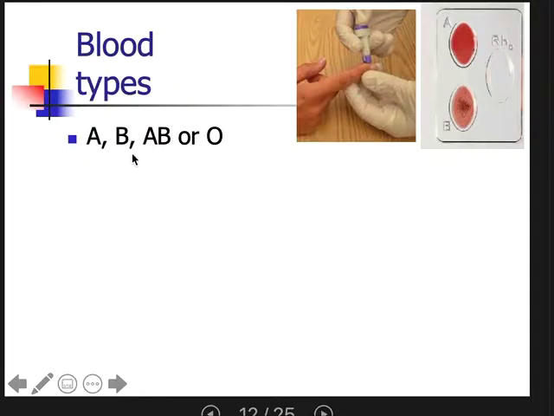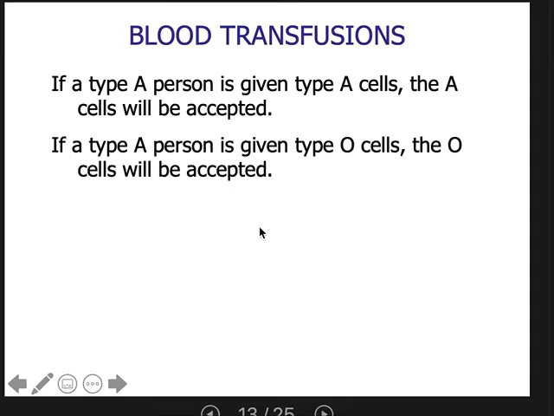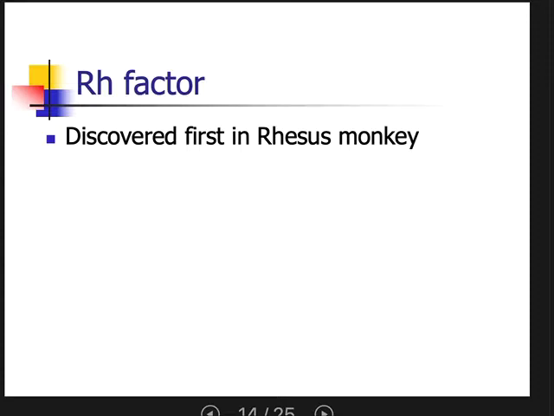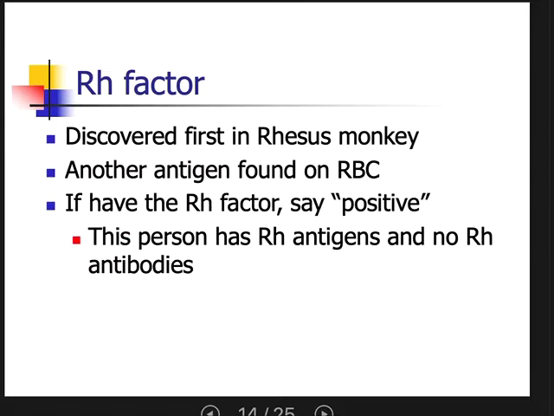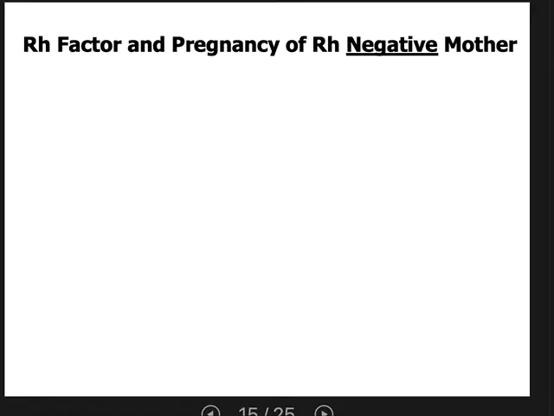If you don't have A or B antigens, then you are called type O. We also looked at the Rh factor, and you may or may not have the Rh antigen. If you do, you're said to be positive. If you do not, you're said to be negative. So you could be type A positive, which would mean you'd have both the A antigen and the Rh antigen.